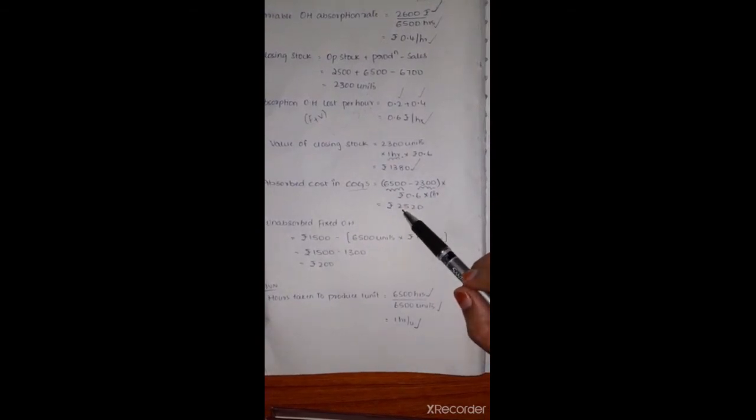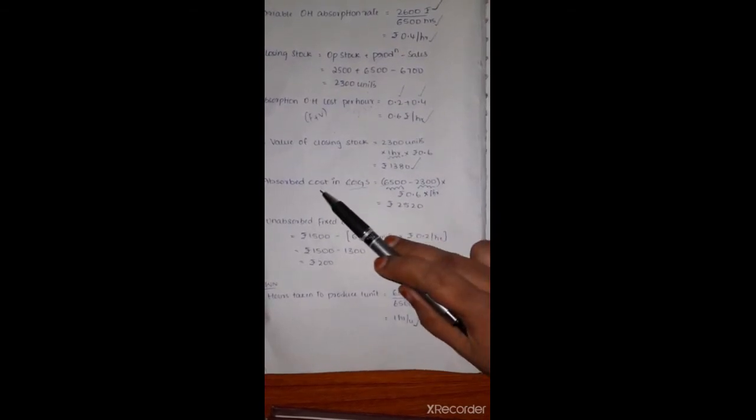This will give me the actual cost of goods that are produced during the year and sold during the year, multiplied by 1 hour per unit multiplied by 0.06 per hour. So I will be getting 2520 rupees as absorbed cost in cost of goods sold.